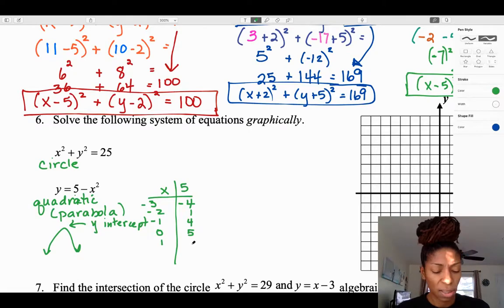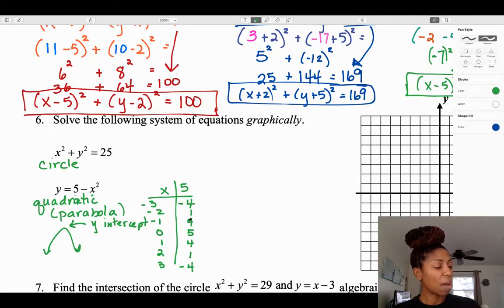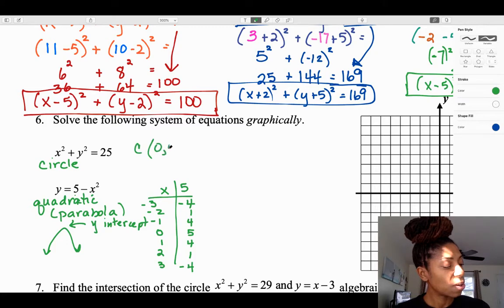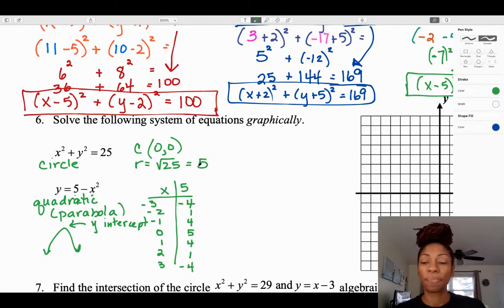At 1, 4. Oh, here's the symmetry. At -2, 1, and at +3, -4. See, the parabola is going up, and then at (0, 5), it's coming back down. Now this circle, I know the center is at (0, 0), and I know the radius is the square root of 25, which is 5.